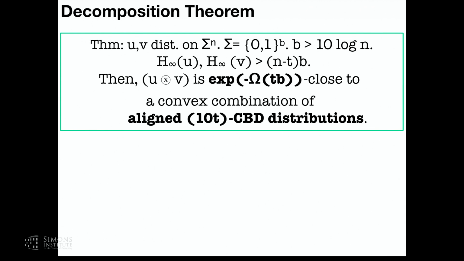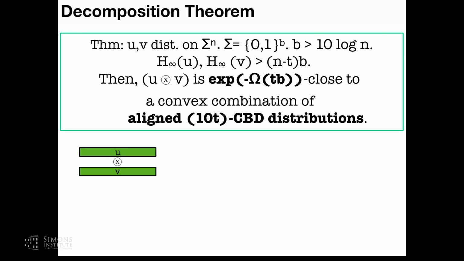And the decomposition theorem says that if you have any two high entropy distributions, u comma v, you can write them as a convex combination of aligned conjunctive blockwise dense sources with exponentially small error. Okay, so let me elaborate on the parameters. Here are u and v, which are high min-entropy.